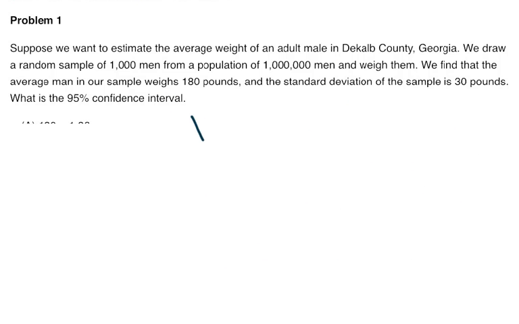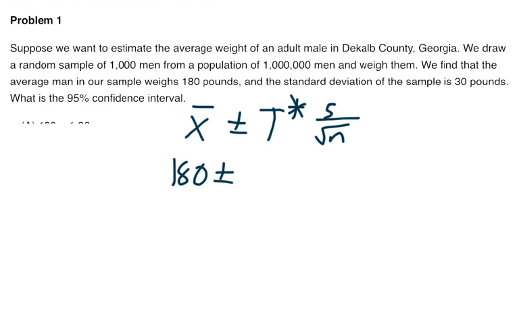Step number 3 is to do the calculation. So we got 180 pounds plus or minus, we know, 30 over the square root of 1,000.